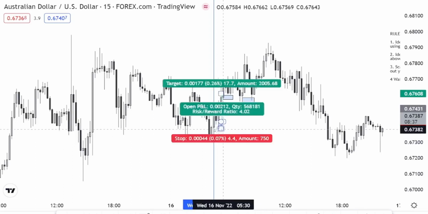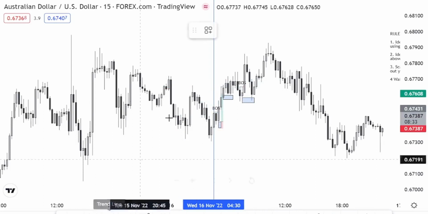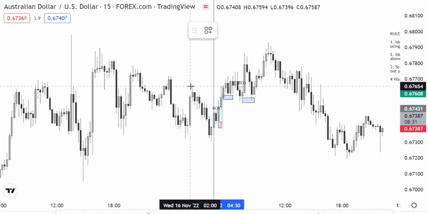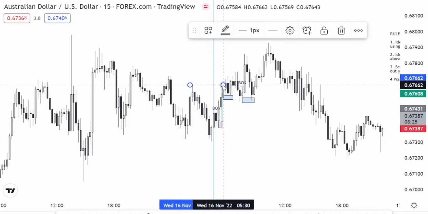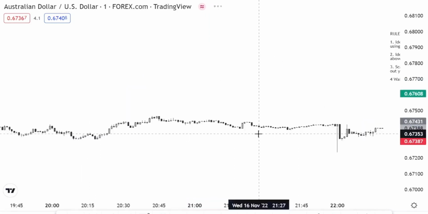M15. Yes, this is the first one. So where do we target? We target here, guys. This is our target here. That's our target. Okay, that's our target. So we go back to M1 and see what is going on there.